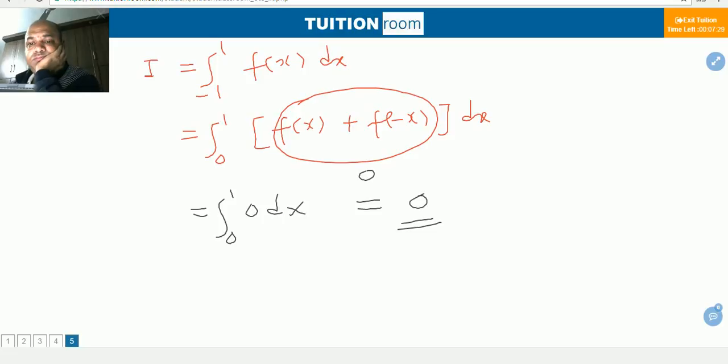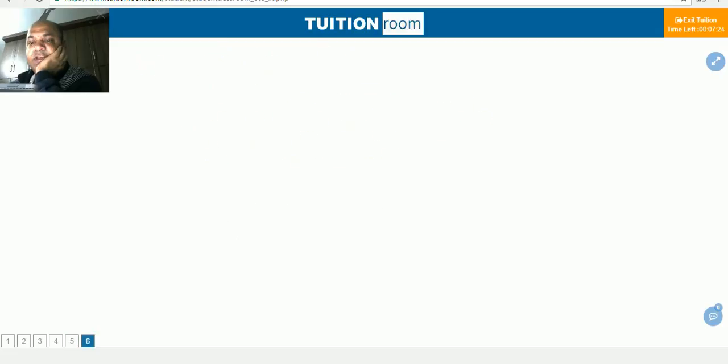One thing I would also like to remind you is the definition of the modulus function. If x is positive, the value of mod x is the same whether we apply modulus or not. If x is negative, there will be minus x.